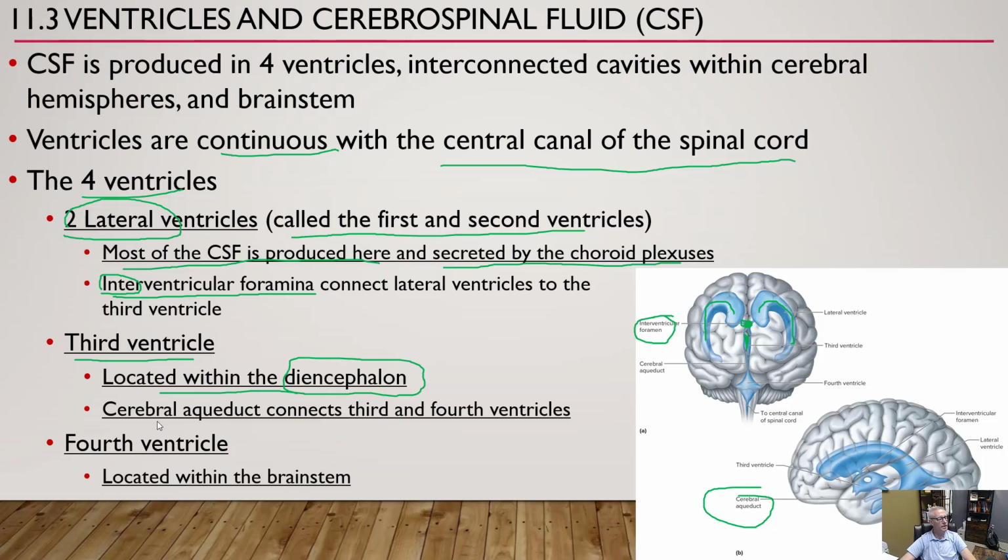And that's going to connect that third ventricle to the fourth ventricle. And that fourth ventricle is actually located in the brainstem down here. So the fourth ventricle is located in the brainstem, and then from there, the cerebral spinal fluid can go down from the brain into the spinal cord.